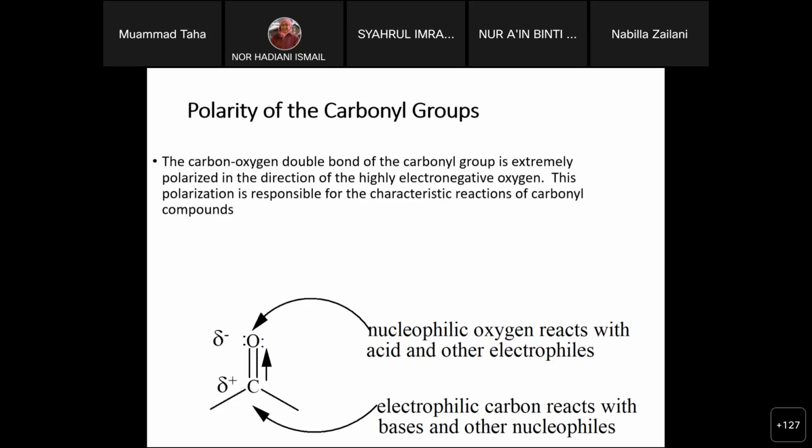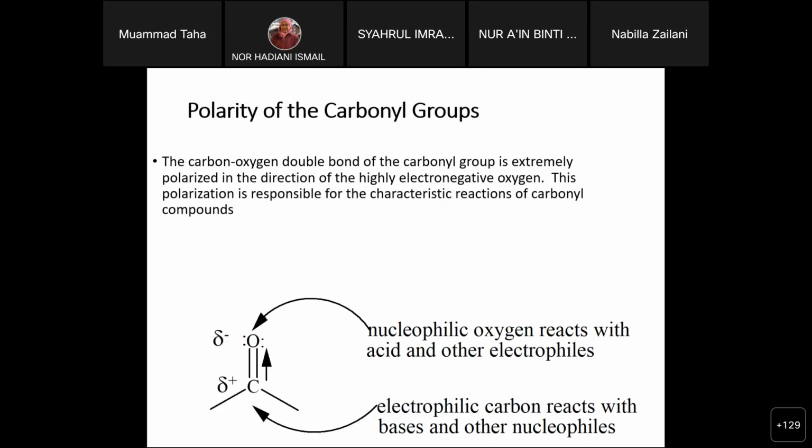Okay, then what happens when the more electronegative atom shares electrons with the less electronegative atom? Because they are sharing electrons, the more electronegative atom pulls the electrons towards itself. Okay, so the carbon becomes slightly deprived of its own electrons which are shared by the oxygen.